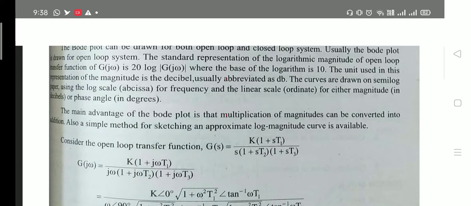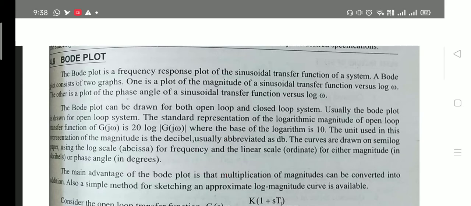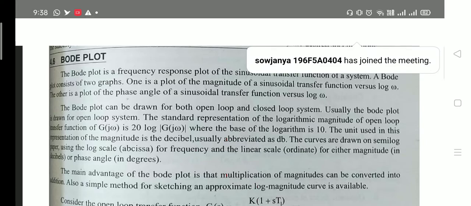In this Bode plot, the first step is we substitute s is equal to j omega. Whatever transfer function is given in the problem, we represent s is equal to j omega. This is the first step of the Bode plot. Then we find the corner frequencies.